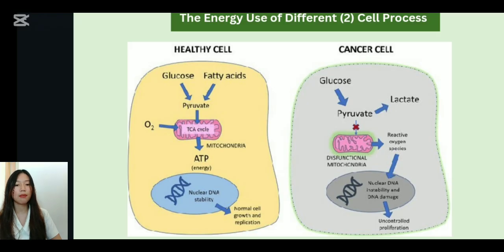Even when oxygen is available, cancer cells continue to rely on glycolysis, which also provides them with other metabolic byproducts necessary for building new cell structures. So this metabolic shift gives cancer cells an advantage in conditions where normal cells might not survive, such as low oxygen environments within tumors. Furthermore, cancer cells are also less likely to undergo apoptosis, allowing them to survive and proliferate uncontrollably.